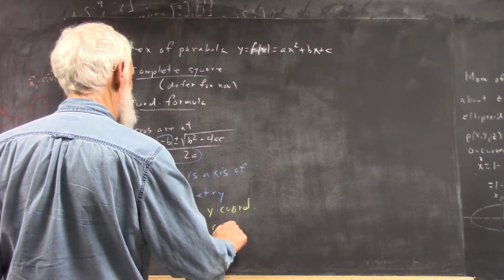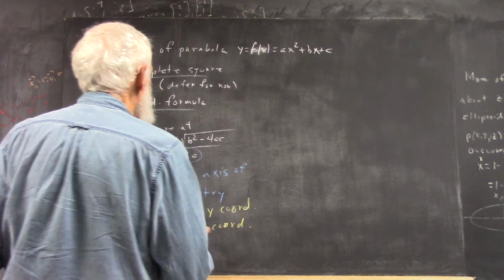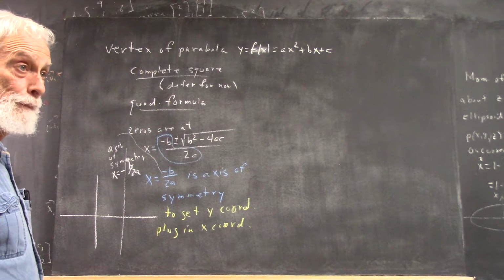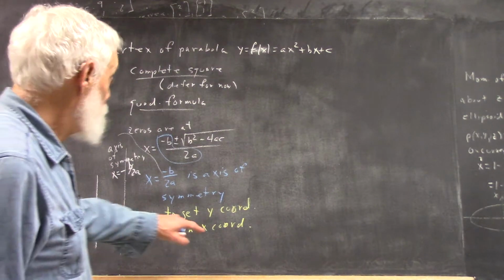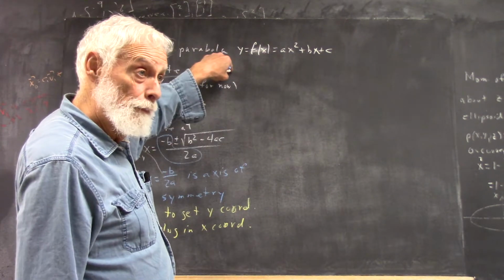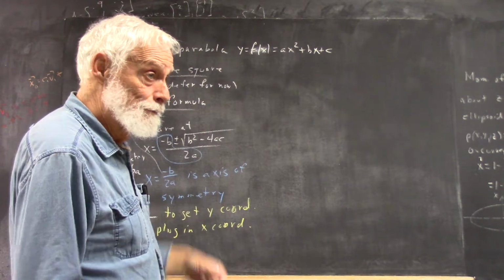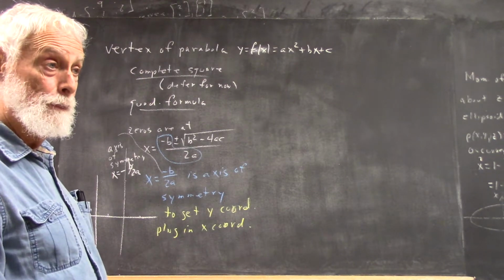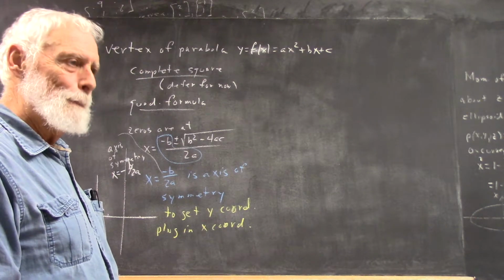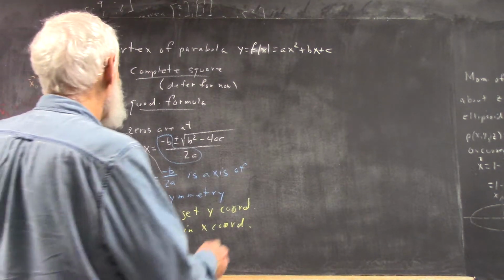You plug in the x-coordinate, right? That means you plug it into this and it gives you the y. That's all. That gives you the vertex. So let's see if you can do that. Okay? So let's try.